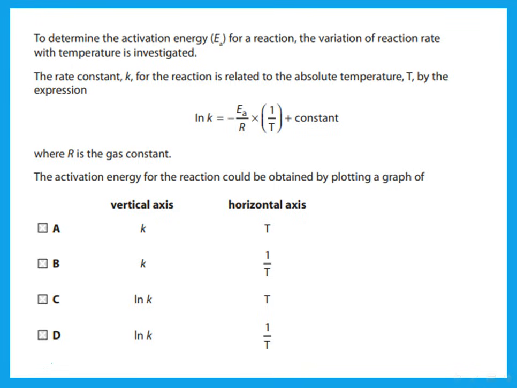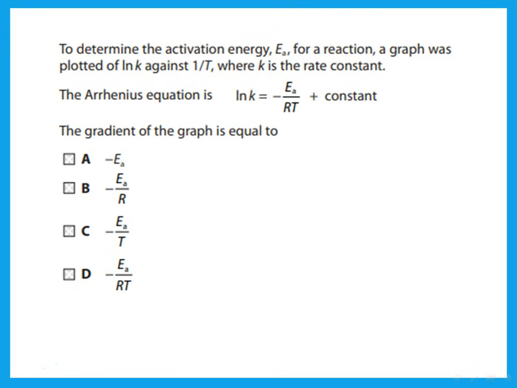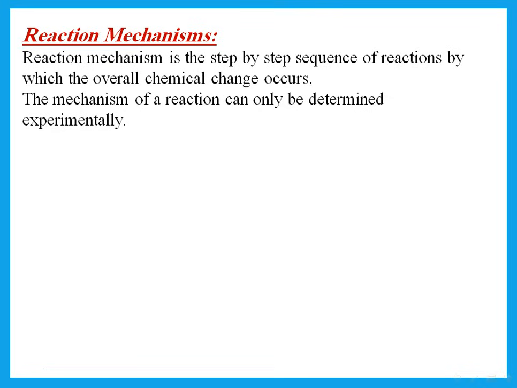We said if we have this equation, which we call the Arrhenius equation, I plot a graph of ln K versus 1 over T. The gradient is minus EA over R. To determine the activation energy, a graph was plotted of ln K against 1 over T, and the Arrhenius equation is this, and we said the gradient of this graph is minus EA over R. Remember, when you draw a graph of ln K versus 1 over T, the gradient is minus EA over R.